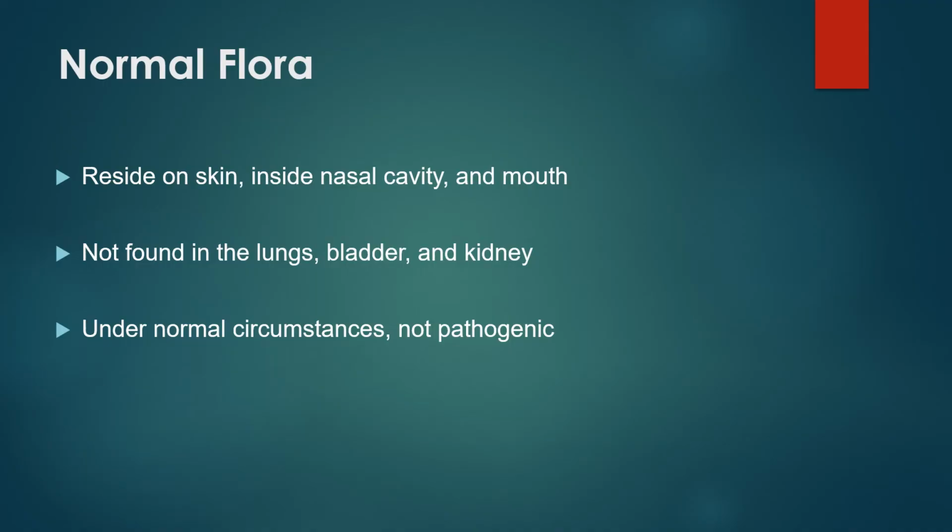Now, under normal circumstances, like I said, they're non-pathogenic, but there's always an opportunity for these microorganisms to become pathogenic. So there are clear situations when these can become pathogenic, and if they do, they develop what we call opportunistic infections.